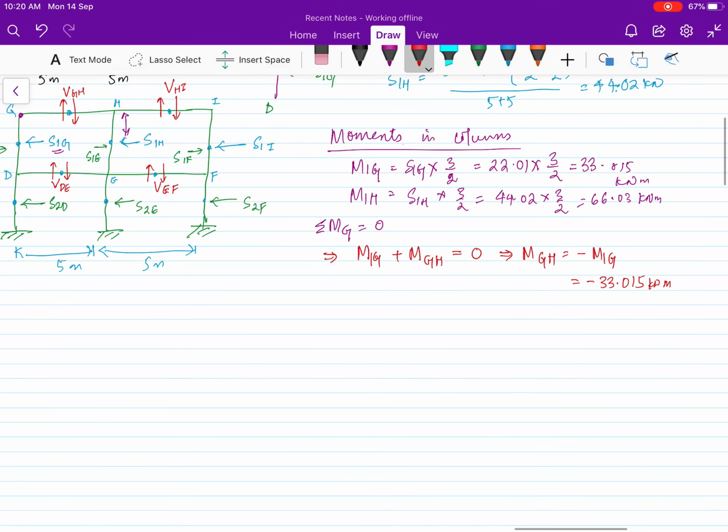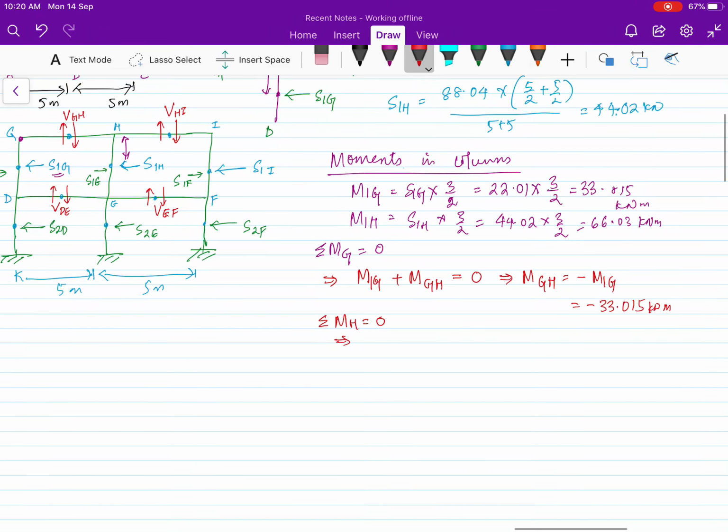Similarly, at M1H we know, the summation of moment at H is equal to 0. This implies that here at the edge there are 3 members, 2 from beams and 1 from column. So M1H, the column, plus MGH plus MHI is equal to 0.